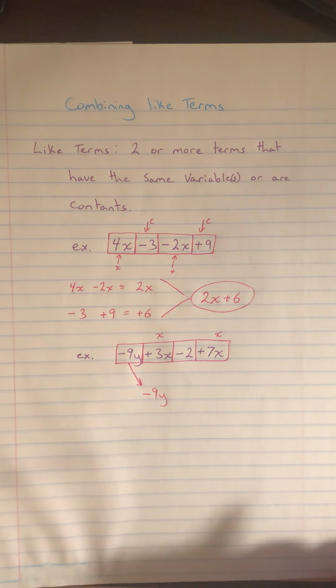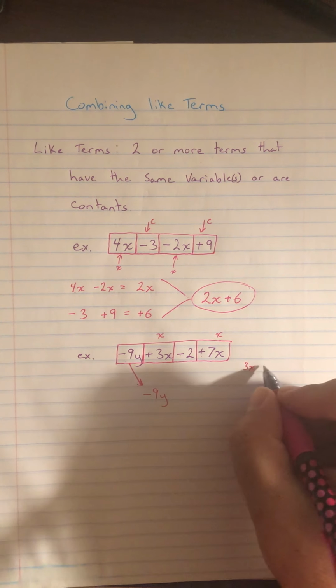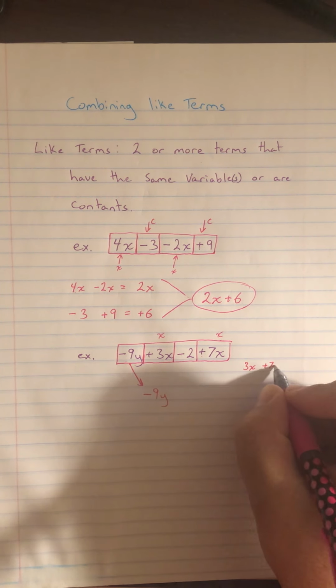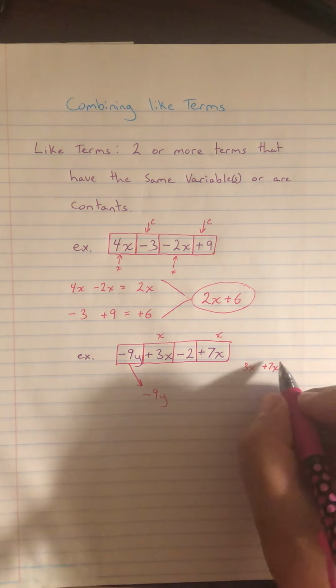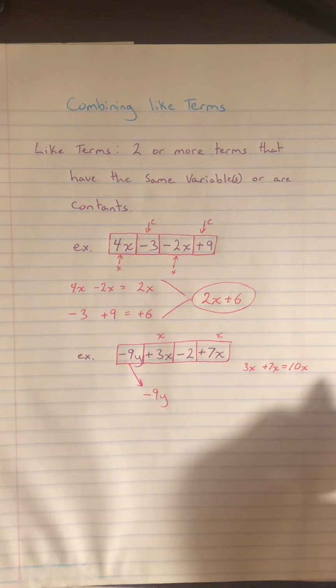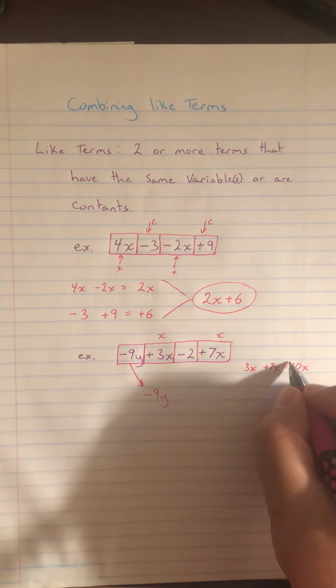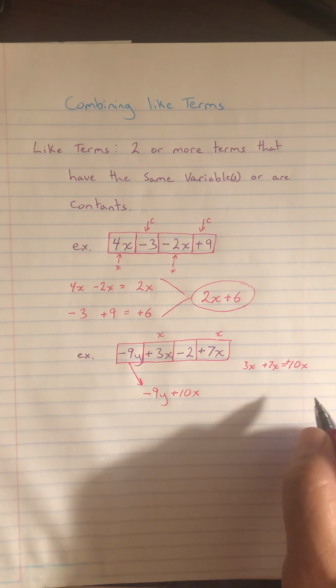That means I'm allowed to put those together. I'm allowed to put 3x and a 7x. They're both positive. Since they're both positive, I'm allowed to add them, and I get positive 10x. So I'm going to put down here a positive 10x.